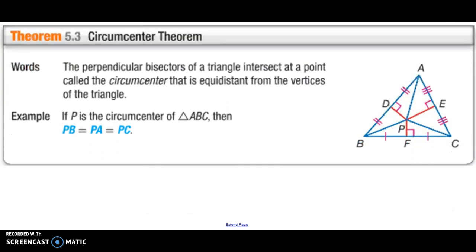And here's our theorem that says that. The perpendicular bisectors of a triangle intersect at a point called the circumcenter that is equidistant from the vertices of the triangle. So essentially it says right here, here's my point P. And since those are all the perpendicular bisectors, it would say that BP, AP, and CP are all the same in length.